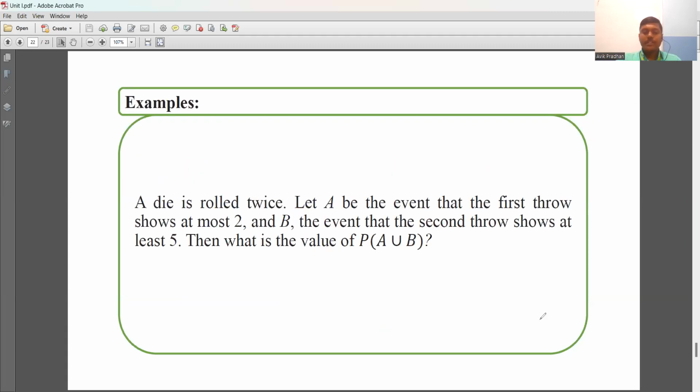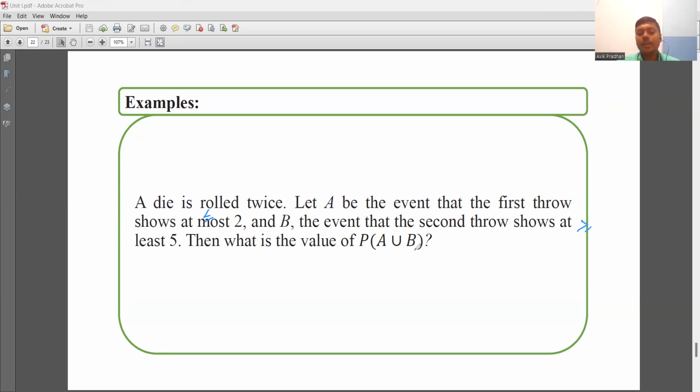A die is rolled twice. Let A be the event that the first throw shows at most 2, and the event B is that the second throw shows at least 5. So at most means less than or equal to, and at least means greater than or equal to.